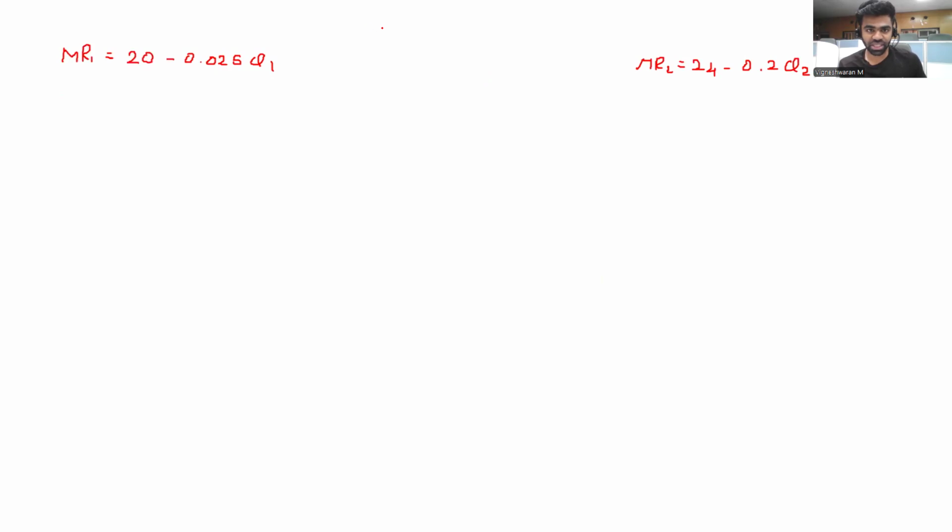We know the MC equation, right? MC is equal to 4.5 plus 0.005 into Q1 plus Q2. So this is what we have to equate here.